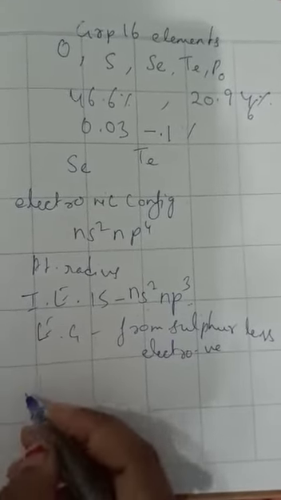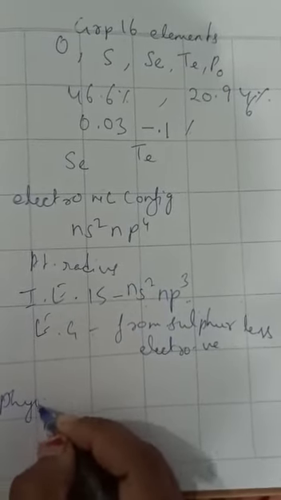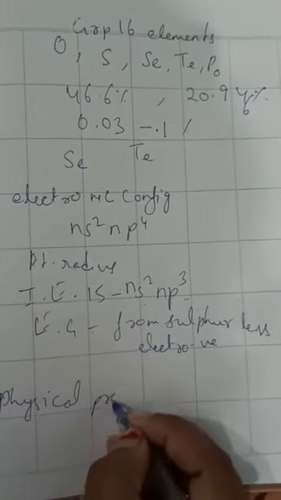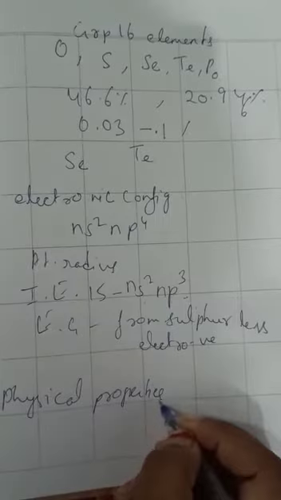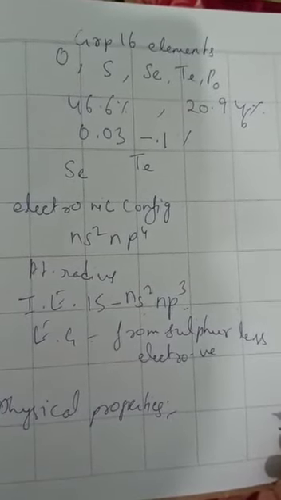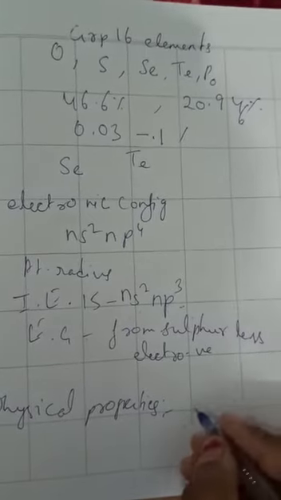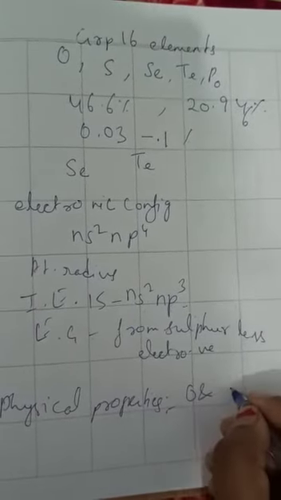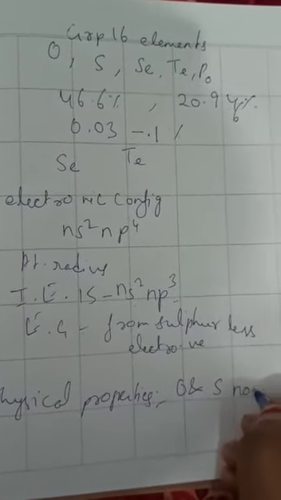Let's talk about the physical properties. Okay, so students, oxygen and sulfur are non-metals in this group.